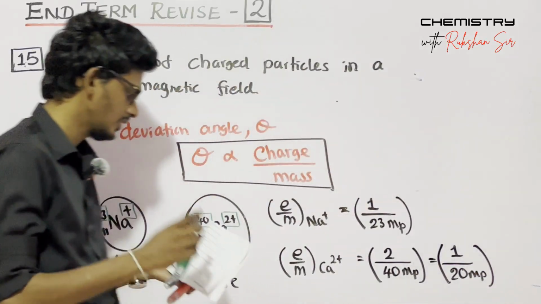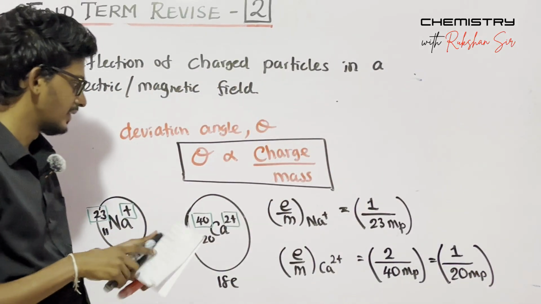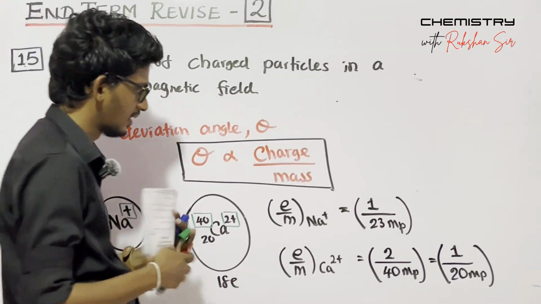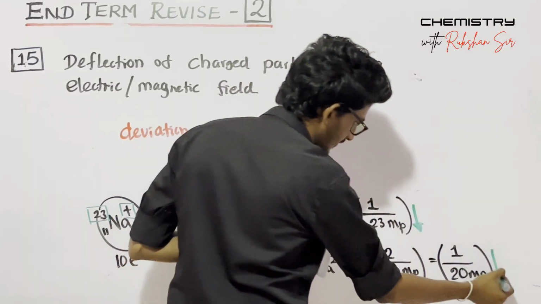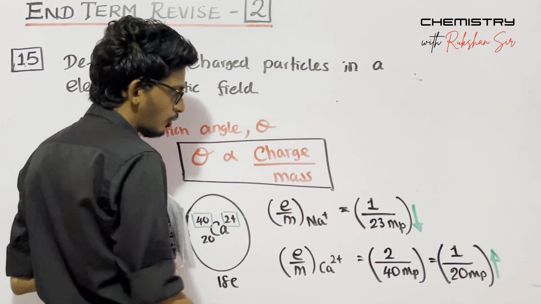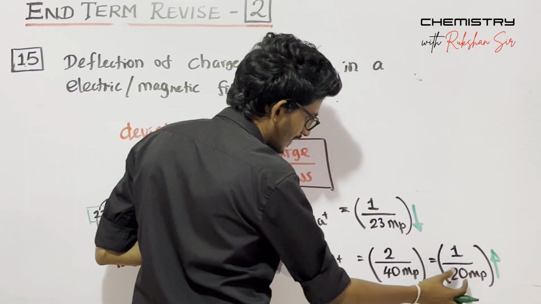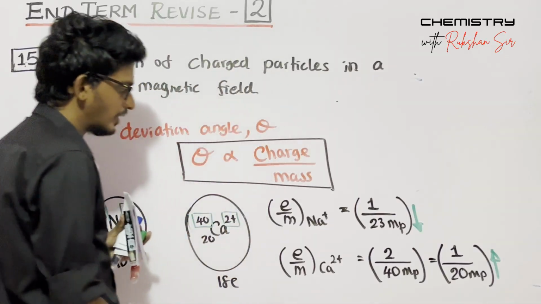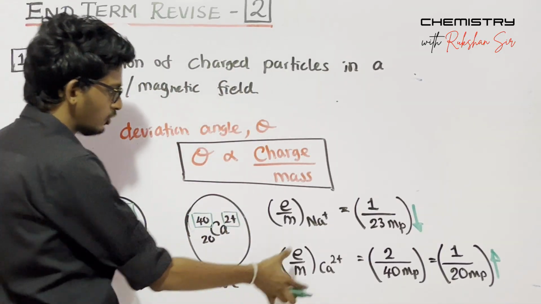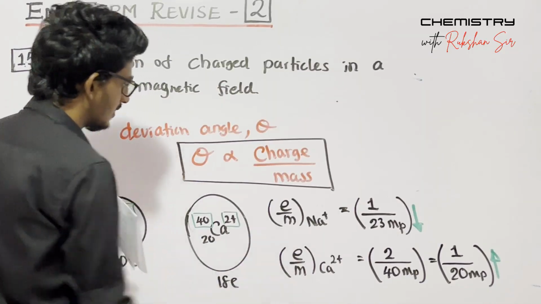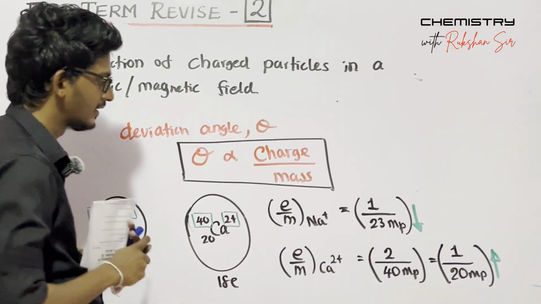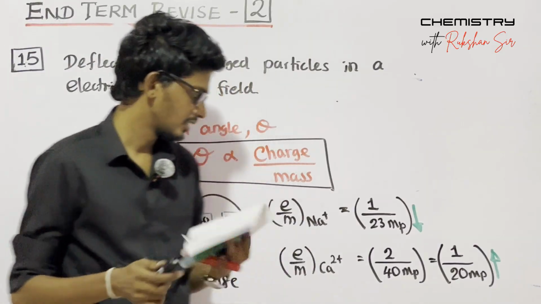So you clearly see the e over m ratio of this one is smaller and this one is high. The smaller the value at the bottom, the higher the numerical value. So the e over m ratio of calcium 2 plus is higher. That means the deviation angle of calcium 2 plus is going to be high.